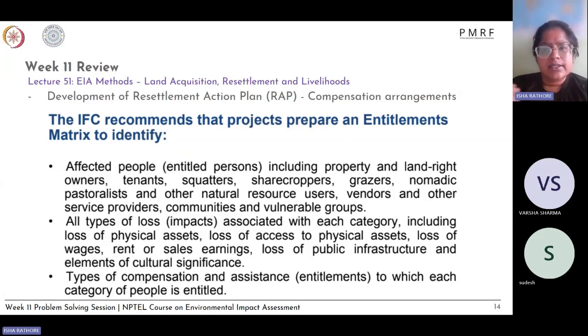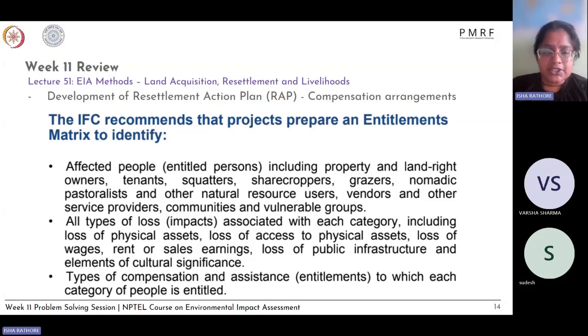Then the second is the impact: all types of loss or impacts associated with each category, including loss of physical assets, loss of access to physical assets, loss of wages, rent or sales earnings, loss of public infrastructure, and elements of cultural significance. So this is the second type of category we identify.